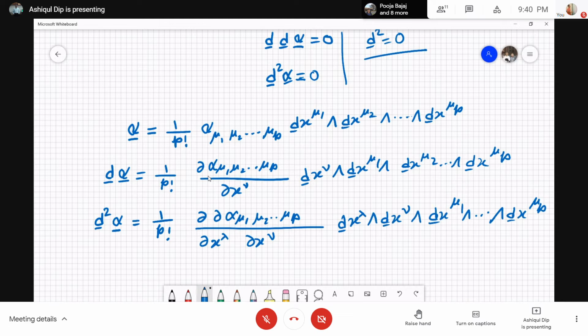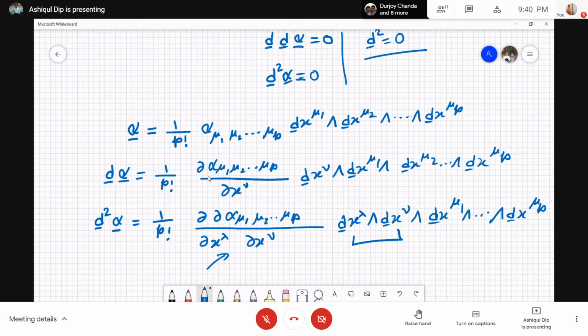Now if you switch these two, dx lambda wedge dx nu, you get a minus sign. So it's an antisymmetric thing. The whole object is antisymmetric with respect to the indices lambda and nu. But here you have partial derivatives with respect to x lambda and x nu, which is symmetric. When you switch those two indices, nothing happens. So you are multiplying a symmetric object with an antisymmetric object.